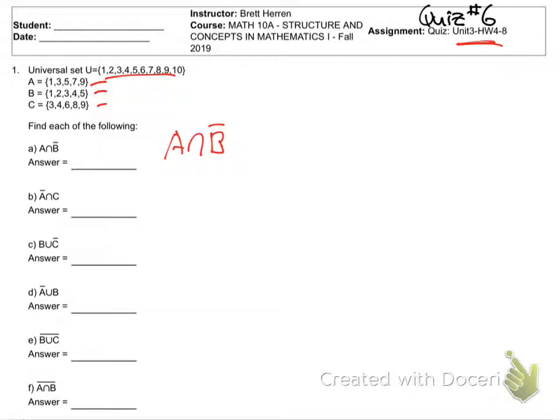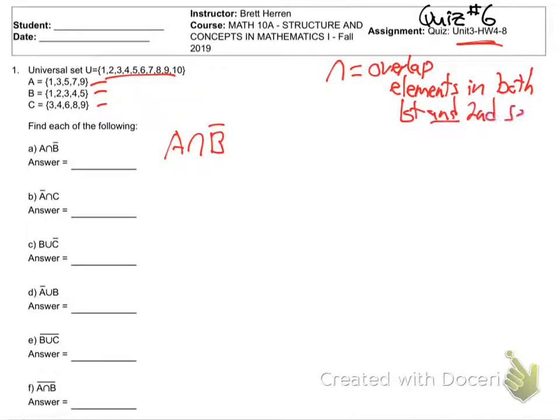So remember that the overlap means elements in both sets, both first and second sets.